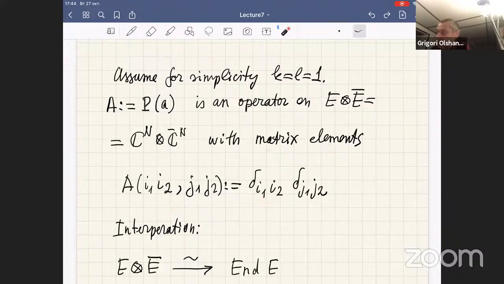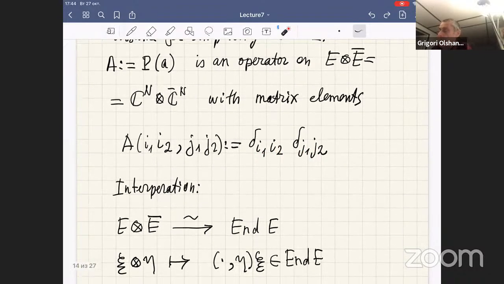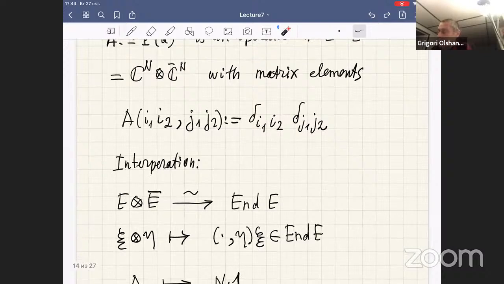So this element is equal to 1 if and only if these two indices are the same and these two indices also are the same. It's not a permutation, it's something different. And this can be understood as follows. First, we want to identify this tensor space, E tensor E bar, with a dual space. It can be identified in a canonical way with the space of operators on E.